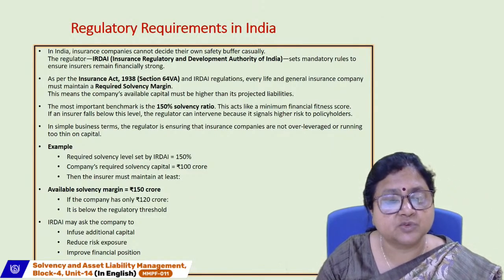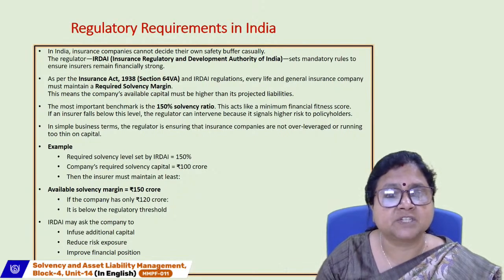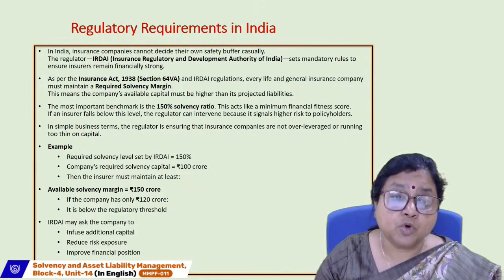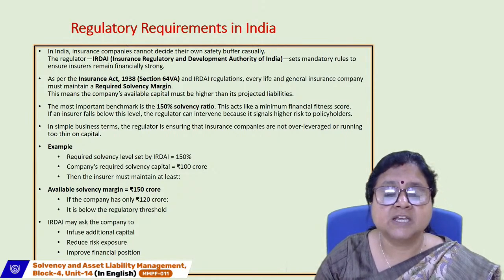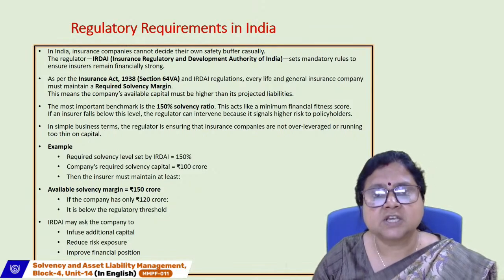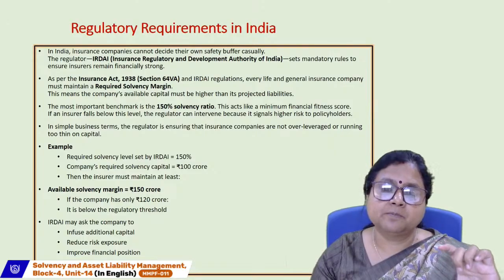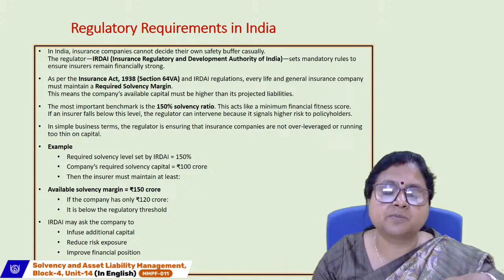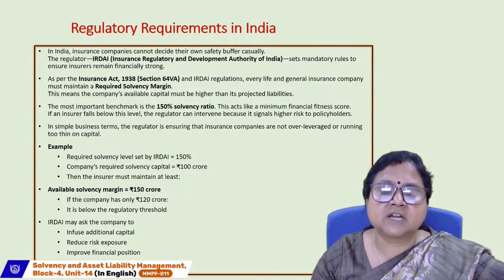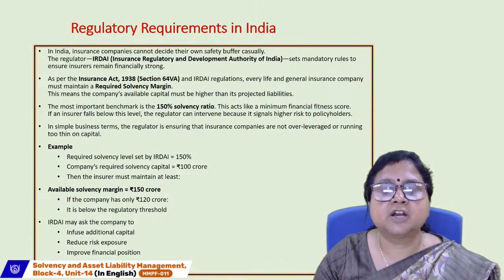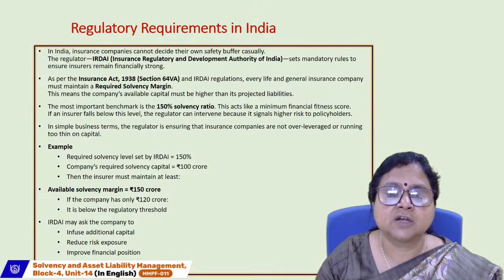This is the guideline, and it means that the company's available capital must be higher than its projected liabilities. The most important benchmark is the 150% solvency ratio. That means you have to be above 100%: suppose 100% is your liabilities, then above that another 50% you have to keep as a cushion.